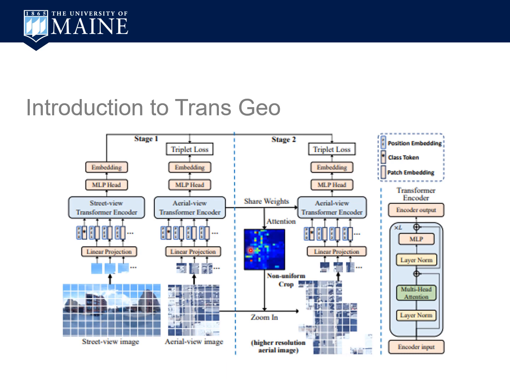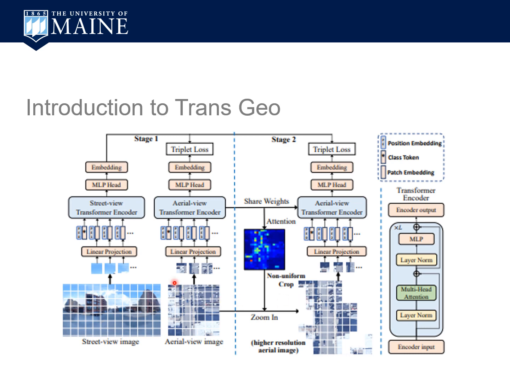So this part of the image is important for the model to figure out that this aerial view image matches with this street image. It is done in two stages. The first stage is the matching stage, and in the second stage, based on the attention of the transformer model, it crops out the unimportant features.